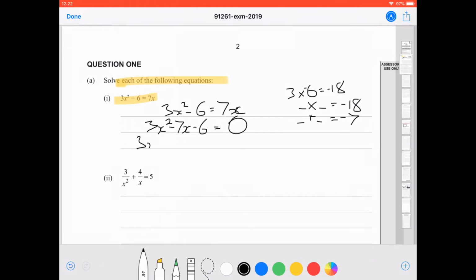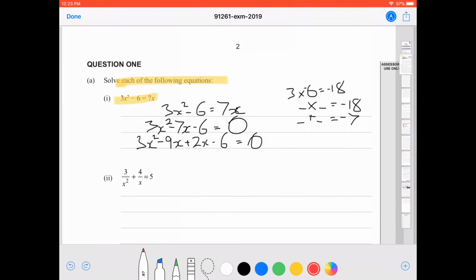So it's going to be 3x squared. Now we split the b term. Negative 9x plus 2x minus 6 equals 0. And you'll notice here, we've just split the negative 7 into two parts, so you haven't actually altered the equation in any way.